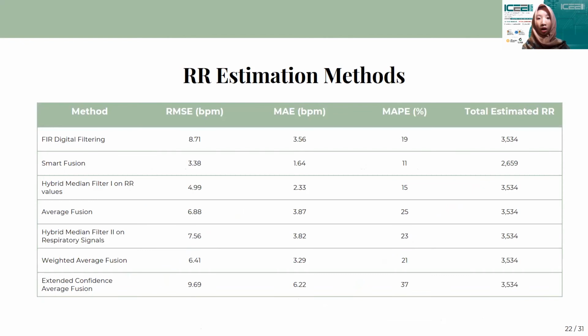Here are the RR estimation method evaluations. From this table, we can see that Smart Fusion has the best performance based on the error, but it produced less total estimated RR. Hybrid median filter on RR value is the comparable method to Smart Fusion because it increased the total estimated RR at the cost of the error.